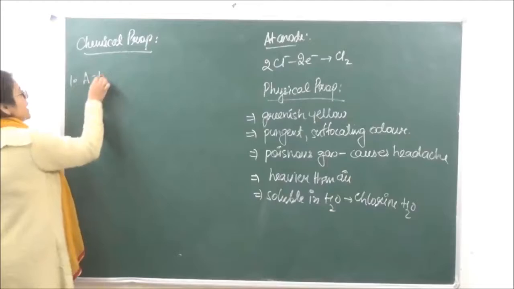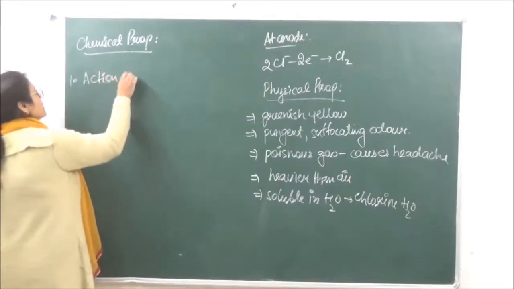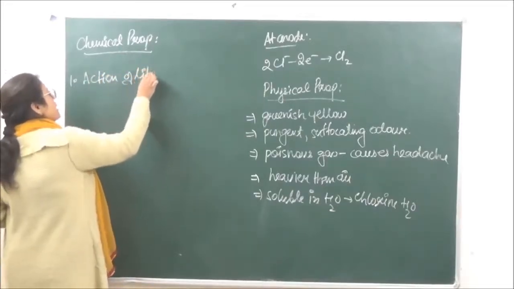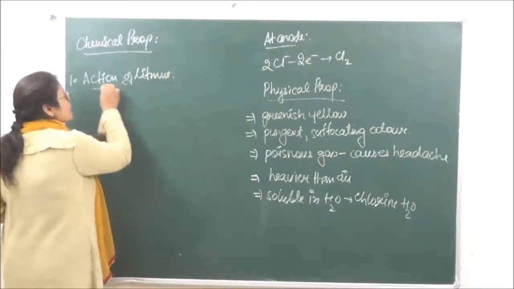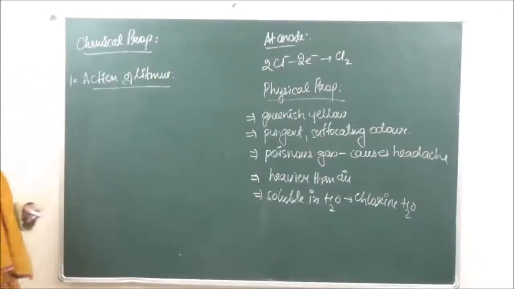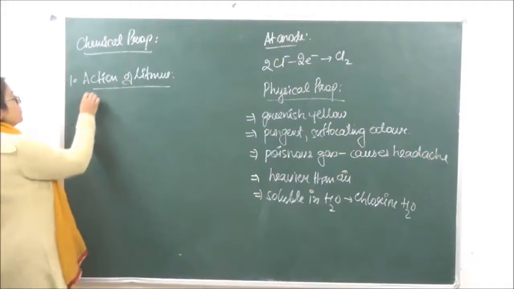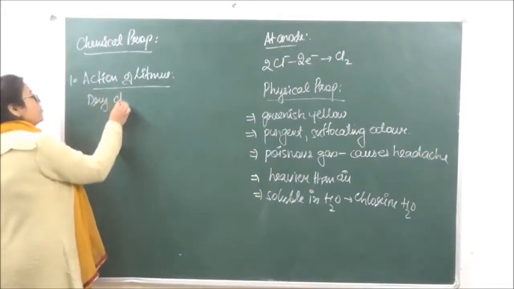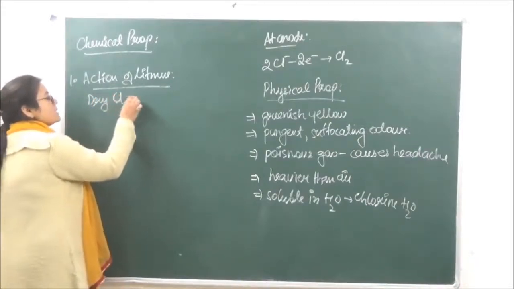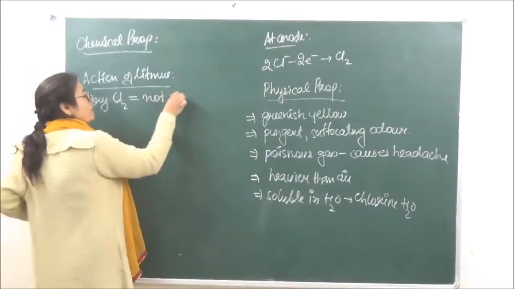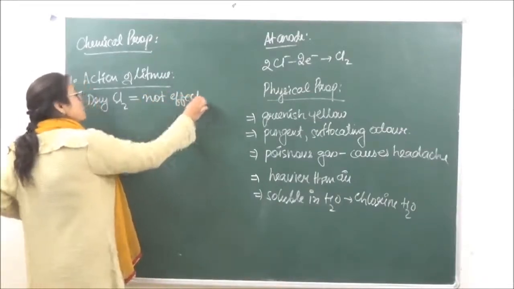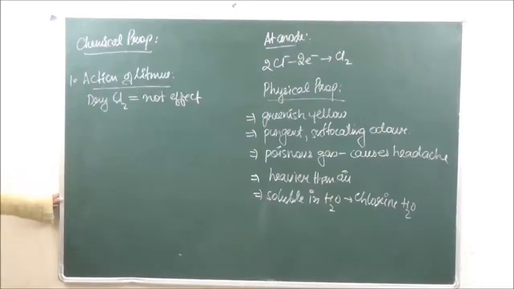So number one, action on litmus. Dry chlorine has no action on litmus. However, if we take moist chlorine, it is going to convert blue litmus to red.